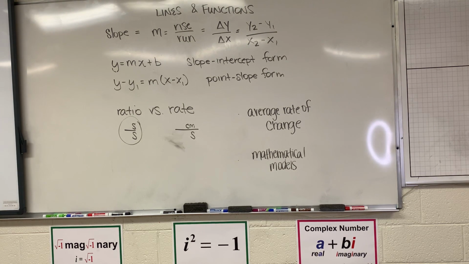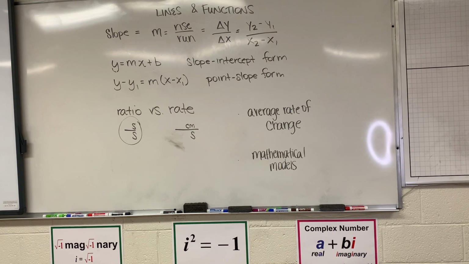The average, how does it change over time from interval to interval? And then mathematical models are your applications of anything we do, not just lines, but everything, which we'll end up doing a lot of with calculus. There's really not a whole lot of application, but they'll try to pull it into real world situations.